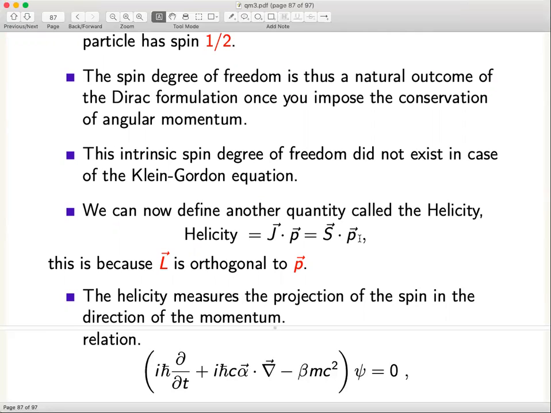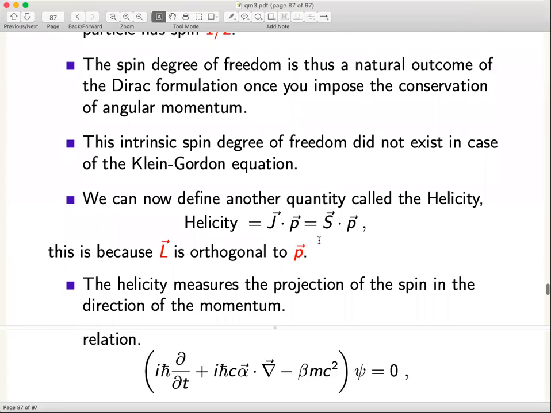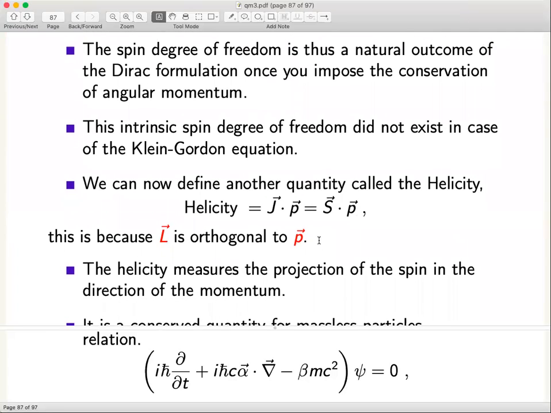So what you get is that J dot P is basically the spin having an inner product, or dot product, with P. So this operator basically tells you that it measures the projection of the intrinsic spin in the direction of the momentum. Okay, so if you have a particle with spin, so you are not looking at, say, a scalar particle, but you are looking at, say, a spinor or a fermion, like the Dirac fermion kind of object, or you may be even looking at a vector particle like the gauge field, like the electromagnetic field A_mu, then this kind of operator is well defined, and it will tell you what is the projection of the spin degree of freedom in the direction of the momentum.